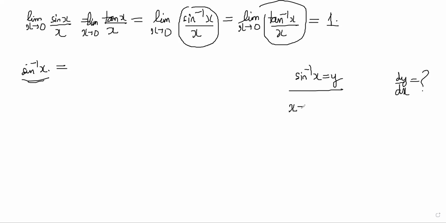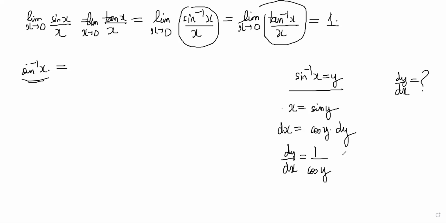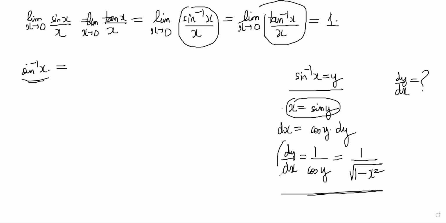So why not write x is equal to sine y, and differentiate this side, it becomes dx is equal to cos y dy. So dy by dx is equal to 1 by cos y. And since sine y was x, 1 by cos y is root over 1 minus x square. That is the differentiation of sine inverse x.